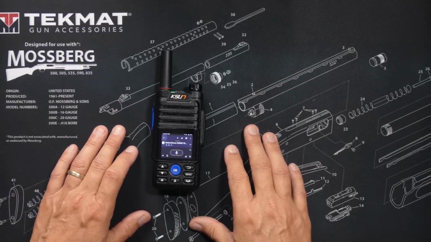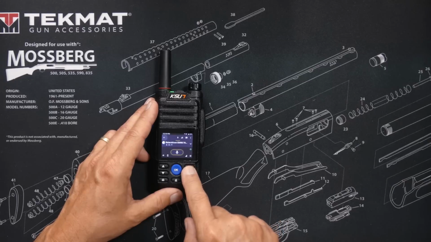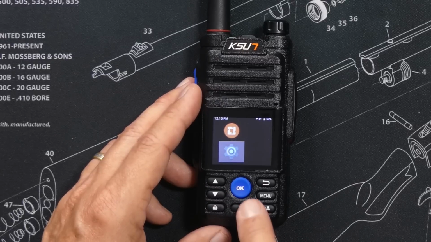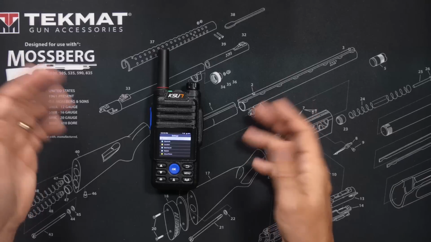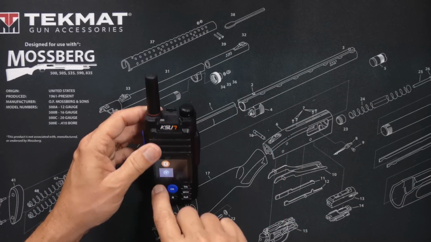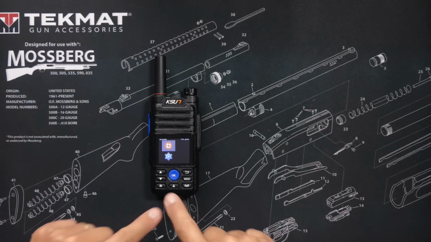So once you have your Zello account all set up, you just connect the radio to any Wi-Fi or the mobile hotspot on your phone. You do that by using the Settings app. And then once you're connected to the Wi-Fi or the hotspot on your phone, you can start talking to your friends or strangers around the world.